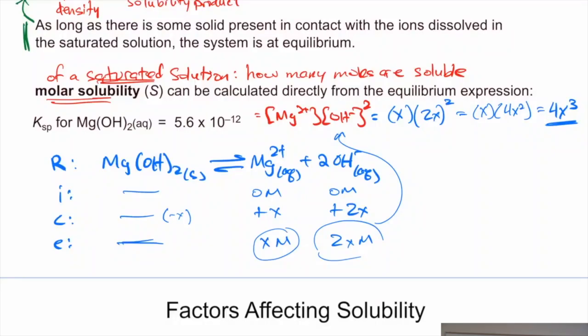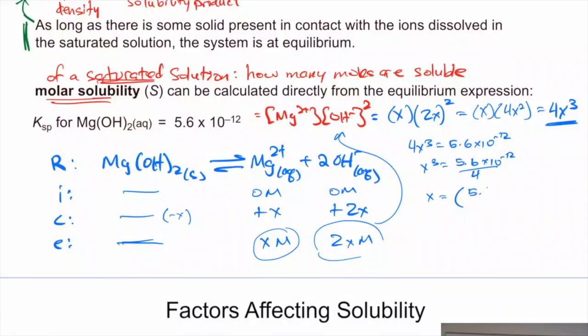So let's go ahead and do that. Let's solve for x. If 4x cubed is equal to 5.6 times 10 to the minus 12th, then x cubed is equal to 5.6 times 10 to the minus 12th divided by 4, and x is equal to the cube root of all of that.